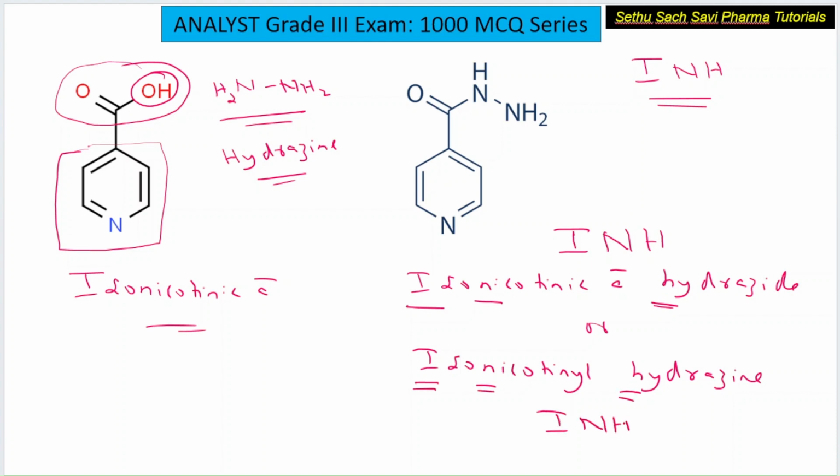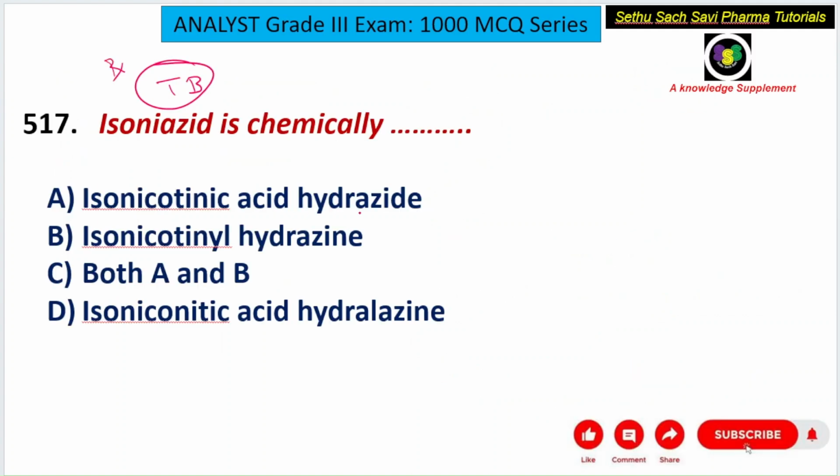So this is the nomenclature of isoniazid, abbreviated as INH. Now let's look into the choices. Isonicotinic acid hydrazide, yes, it is correct. It is also called isonicotinyl hydrazine. So what is the correct answer? Yes, both A and B. Now let's look at the D choice, hydrolysine. Remember, hydrolysine is something different.